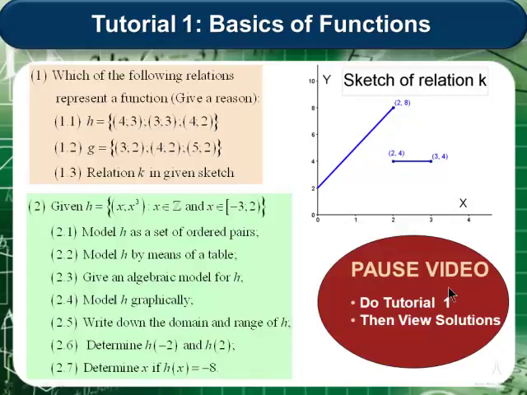I suggest that you pause the video, do this tutorial, and thereafter come back and view possible solutions. So it's important that you try it first before you peep or listen to the solutions that are going to be discussed afterwards.